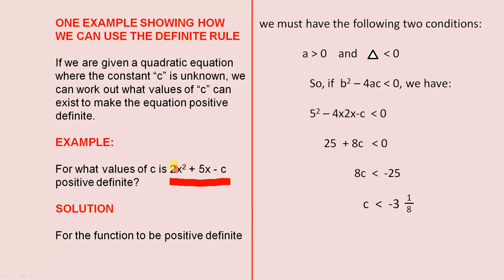And we know that it's positive definite because see here the value of a, that's 2, which is greater than 0. So the important thing here is that c must be less than minus 3 1/8 for this function here to be positive definite.